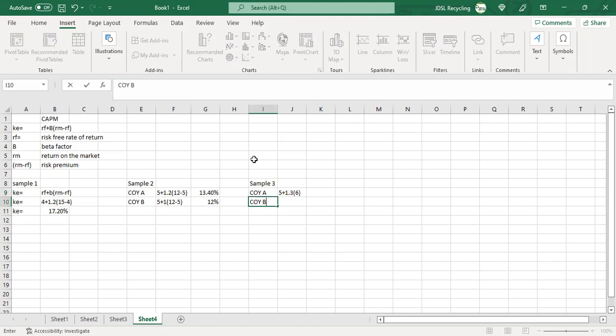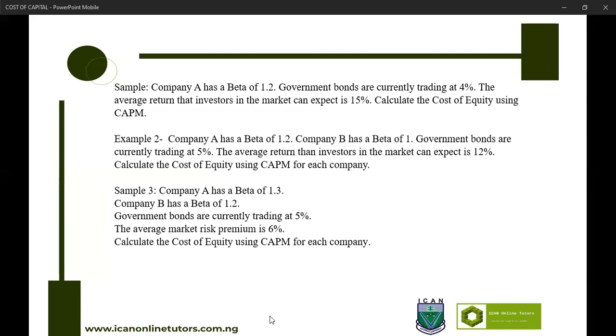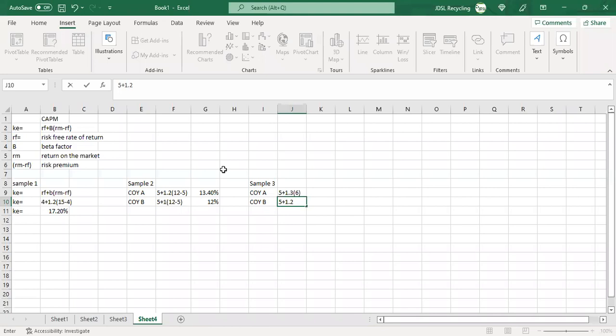For company B, we have 5 plus, what is the beta for company B? We have 1.2, risk premium 6. So what is our cost of equity for company A? 12.8. Company B? 12.2.